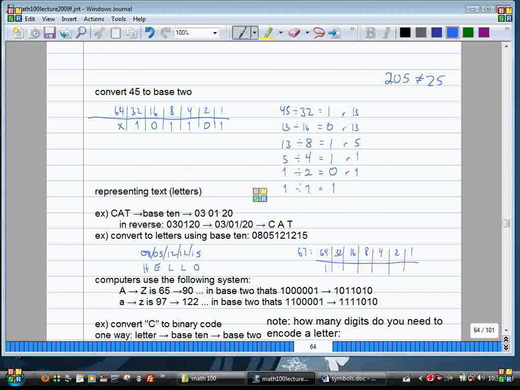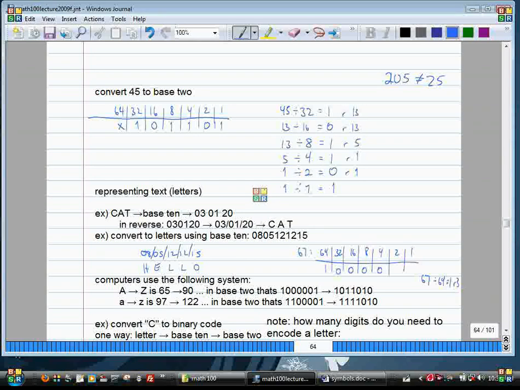How many 32s are there? How many 16s? How many 8s? How many 4s? So remember that 67 divided by 64 equals 1, remainder 3. So we've got zeros for all those, and then how many 2s in 3? How many 2s are there?